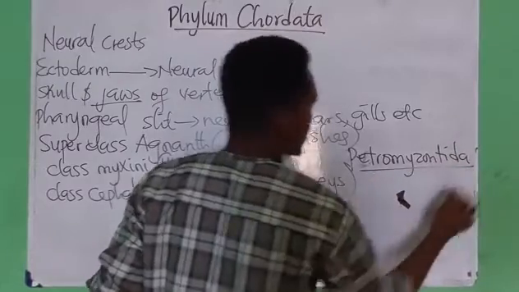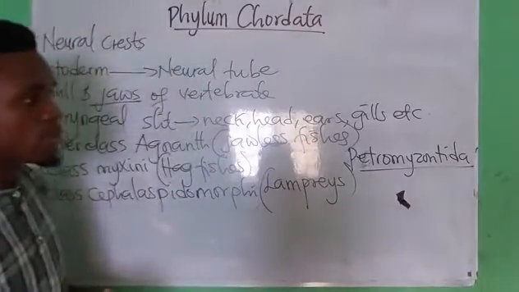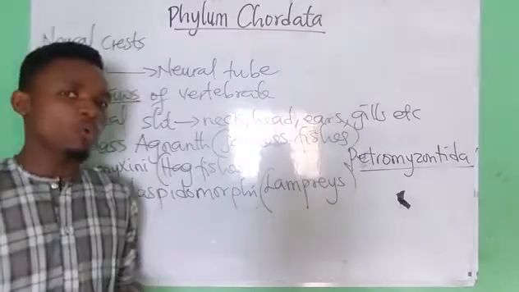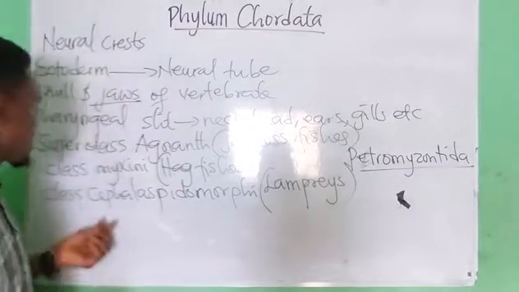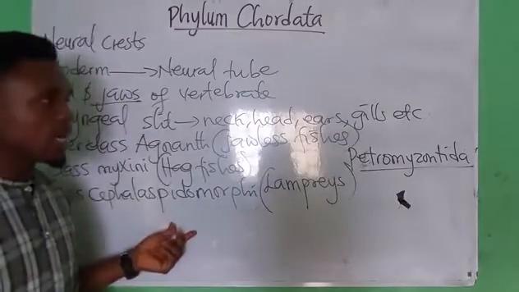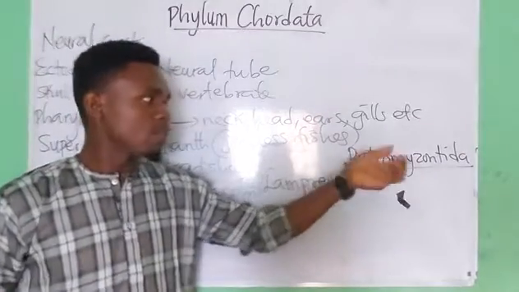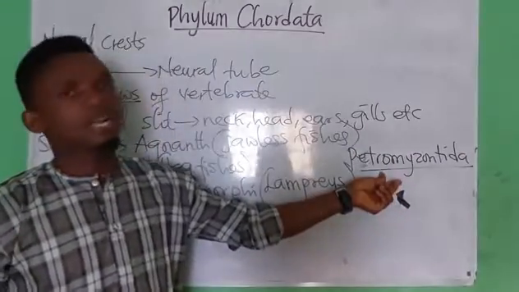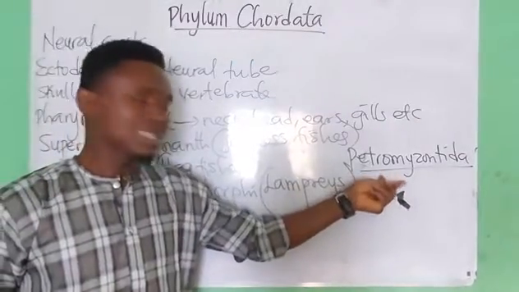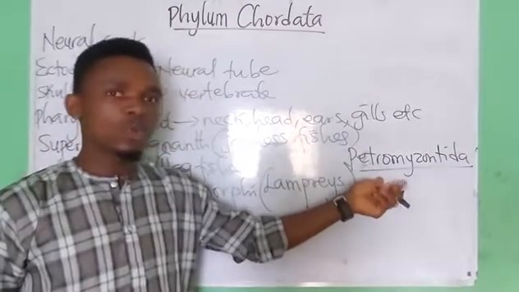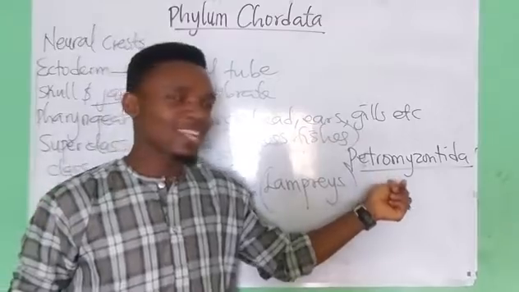Actually, Petromyzontida is an order. The class is Cephalaspidomorphi and the order is Petromyzontida. But the lecturer treated it as a class. Please, let's give it to him as a class.